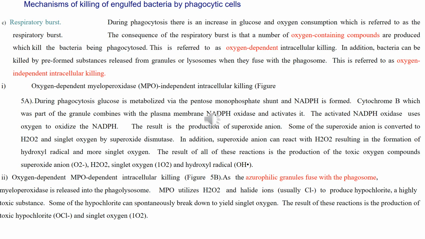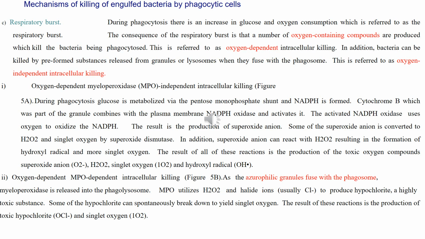Oxygen-dependent myeloperoxidase-independent intracellular killing. During phagocytosis, glucose is metabolized via the pentose phosphate shunt and NADPH is formed. Cytochrome b, which is part of the granules, combines with the plasma membrane NADPH oxidase and activates it. The activated NADPH oxidase uses oxygen to oxidize the NADPH. The result is the production of superoxide anion.